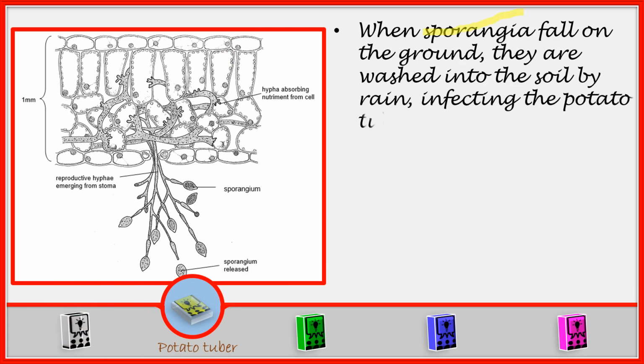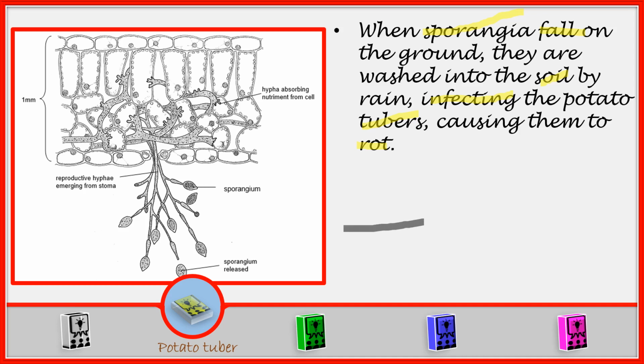The sporangia fall on the ground. They are washed into the soil by rain, thus infecting the potato tubers, causing them to rot. So if they fall on the surface of the soil, they will penetrate into the soil.